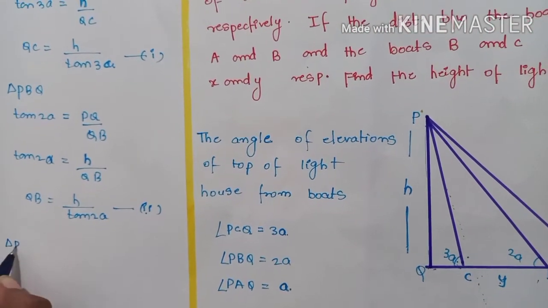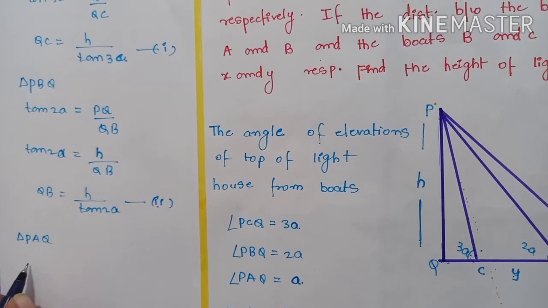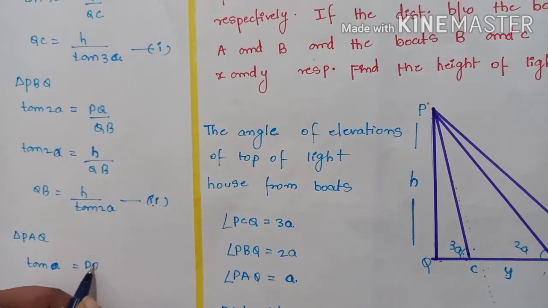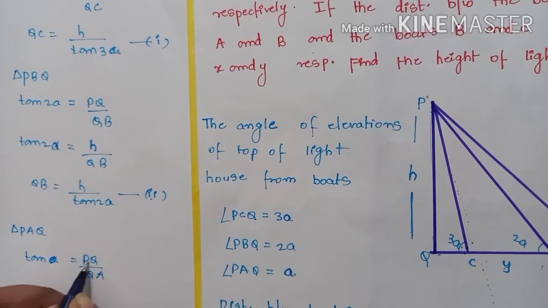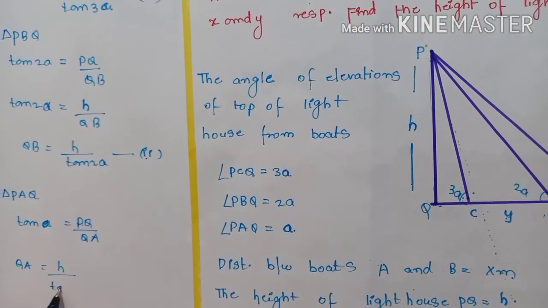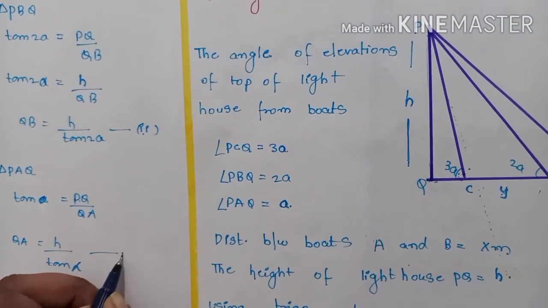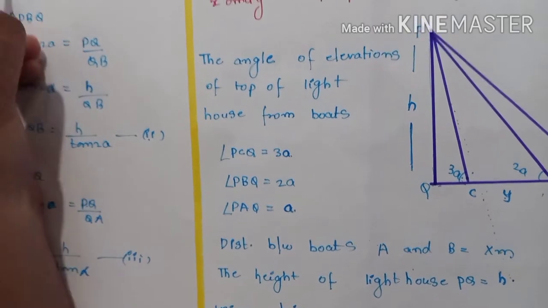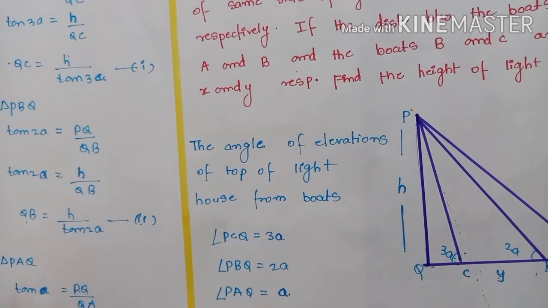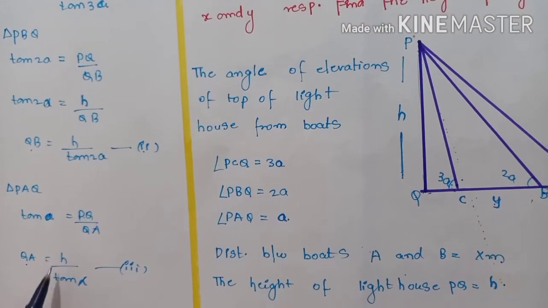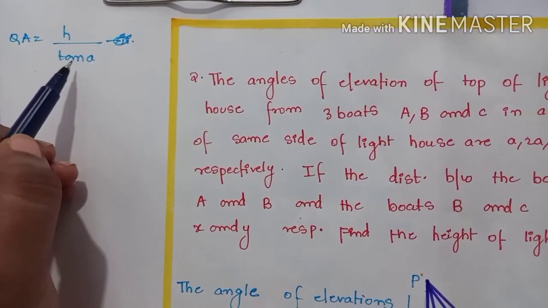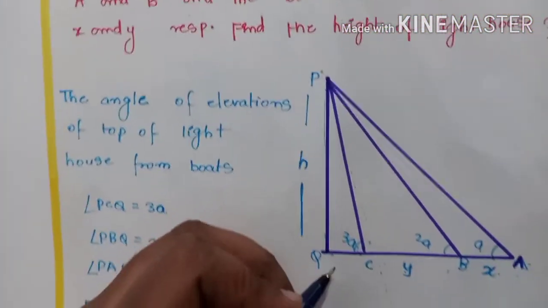Now the triangle PAQ, which is tan A, that is PQ by QA, opposite by adjacent. So QA here becomes h by tan A. Now we have found the three equations, which are QC is equal to h by tan 3A, QB is h by tan 2A and QA is h by tan A. From the figure, now let us analyze what QA is.